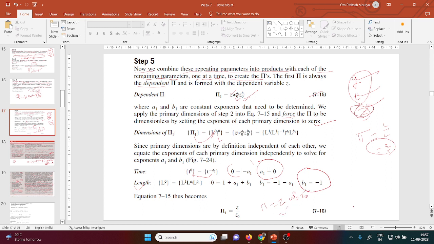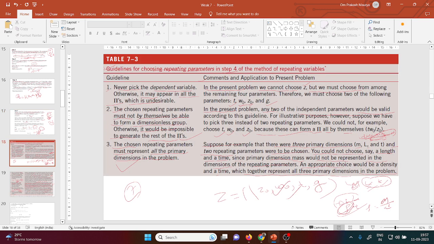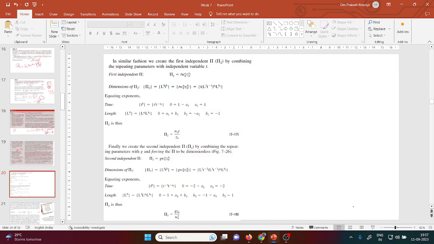So W naught to the power 0 is 1, and Z naught to the power minus 1, that is your Z naught. So length by length, so this is dimensionless. This is dimensionless. Similarly, I think it is visible.